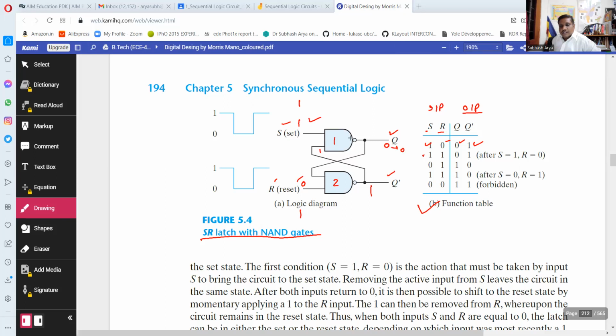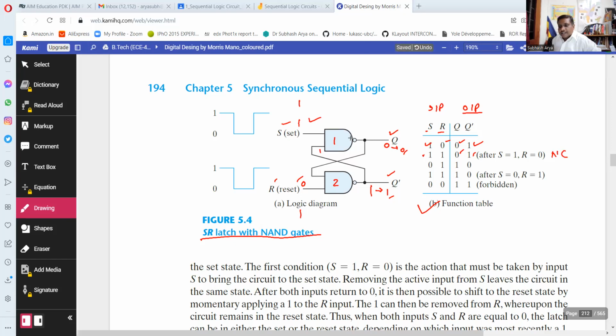This 0 will come here and from 1 to 1. Any 0 makes output 1. So you see same condition 1 1. So Q is 0 and Q bar is 1. So it means after S is equal to 1 and R is equal to 0, there is no change in the output. It retains the previous value.